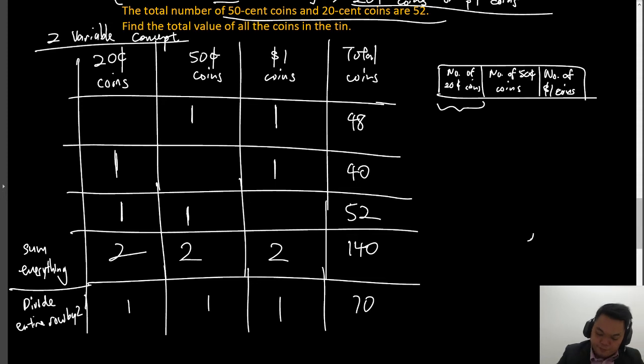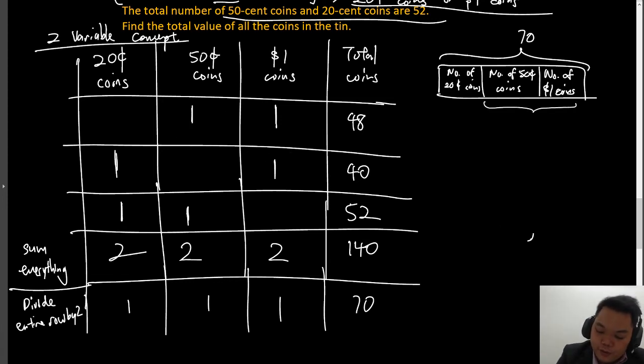Okay, everything here adds up to 70. So you can see that if you have all your 50-cent and all your $1 coins, they add up to 48. This means to say that you have 22 20-cent coins, correct?